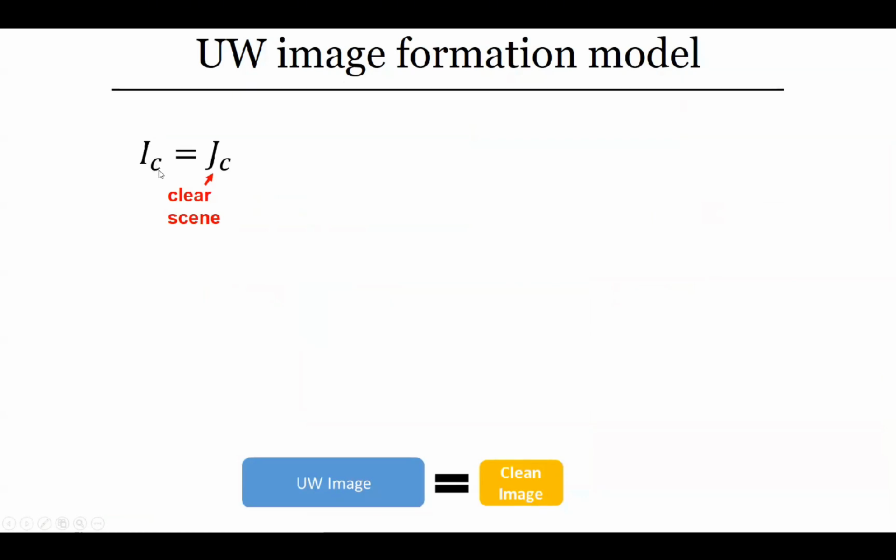So for each channel, we have an image. But the problem is that the image that we see is not actually the J^c here, which is the clear scene, the image of the clean underlying scene.